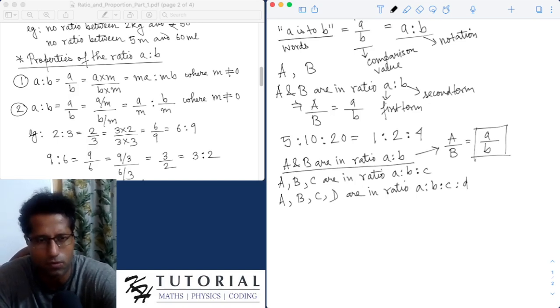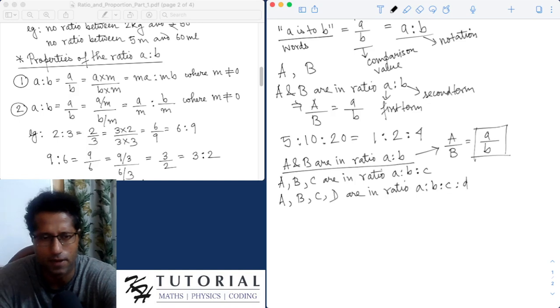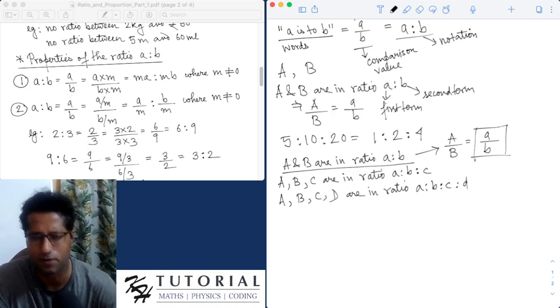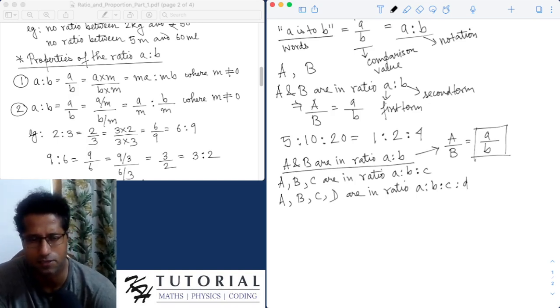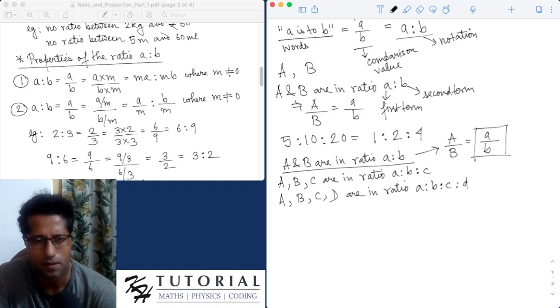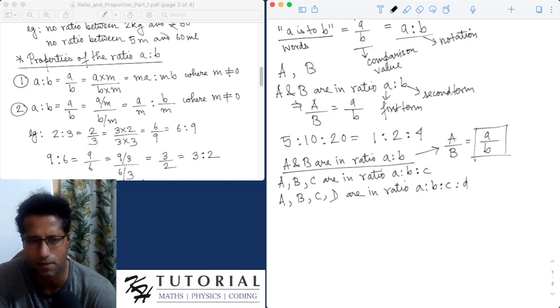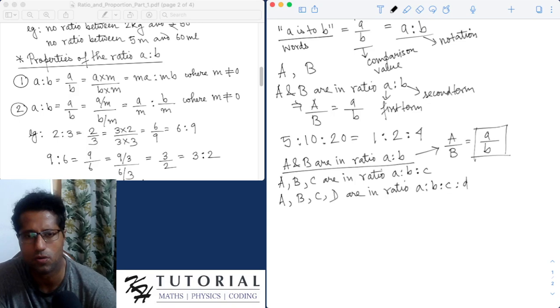Okay, so the property 2 was, for a ratio A is to B, we can divide both the numerator and the denominator by a non-zero quantity, let's say m, and the ratio remains the same. So the ratio A is to B is equal to the ratio A by m is to B by m, where m is some non-zero quantity.